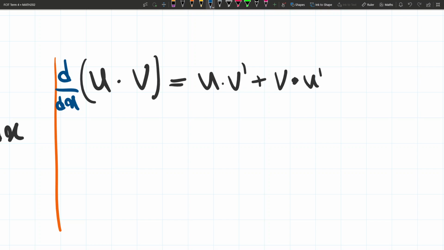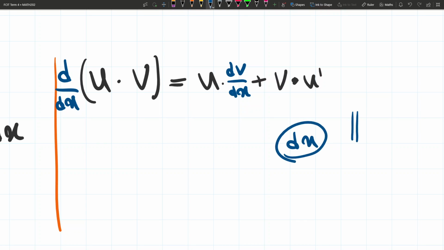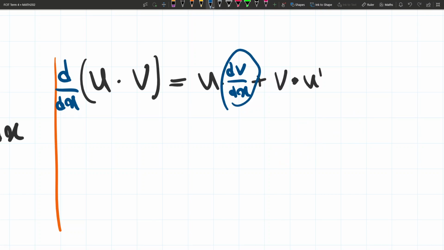And v prime, instead of saying that, we say dv over dx. Now, when you say dx, they're talking about something that's infinitesimally small. But pretty much this is just another notation for differentiation. So dv over dx, then du over dx.